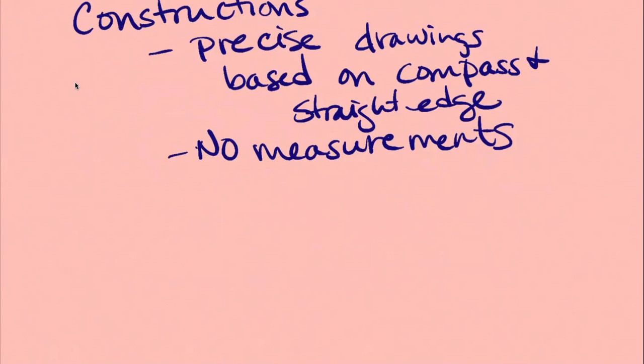We're not worried about the actual size. We're worried about using the constructions to find the exact middle of any segment or the exact center of any angle. So we talked about constructions and we used the compass tool quite a bit in GeoGebra, and we used the line, segment, and ray.